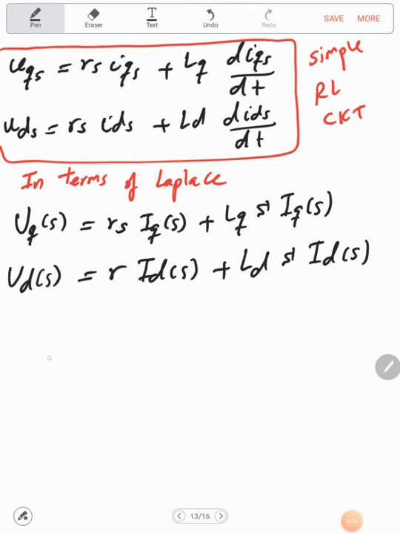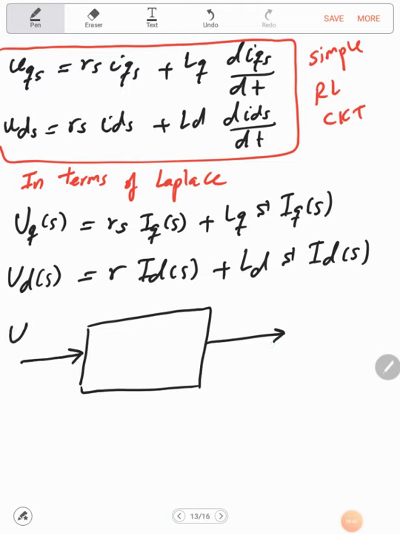So simply this can be represented by a simple block diagram where the input is the voltage U and the output is the current I, and the transfer function is 1 over R plus Ls.